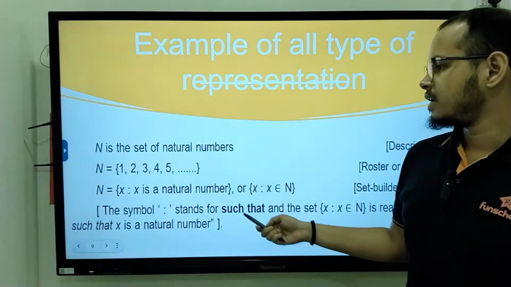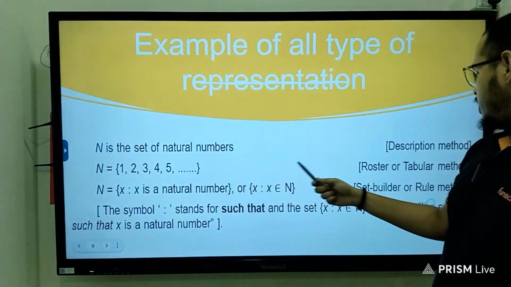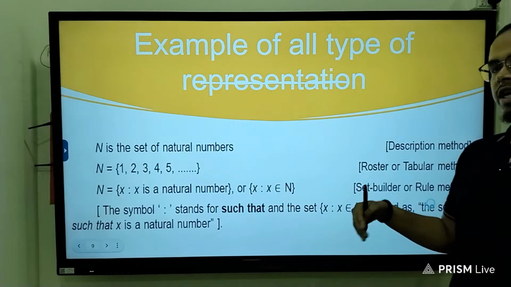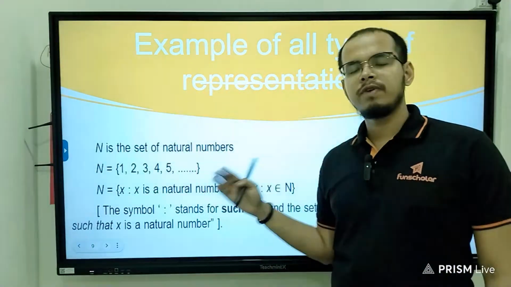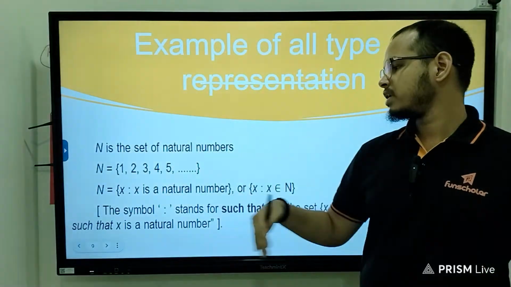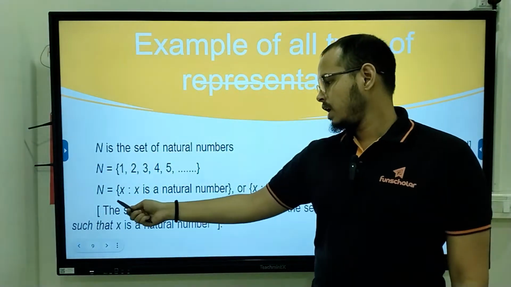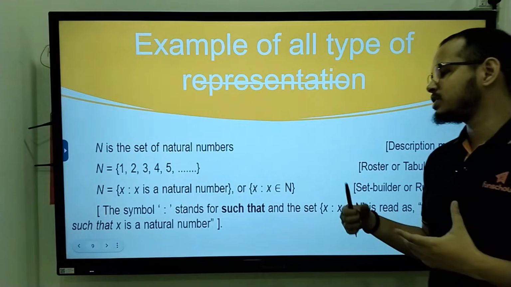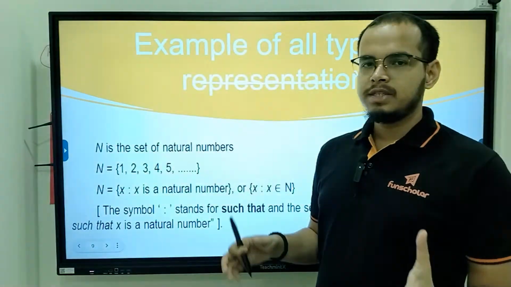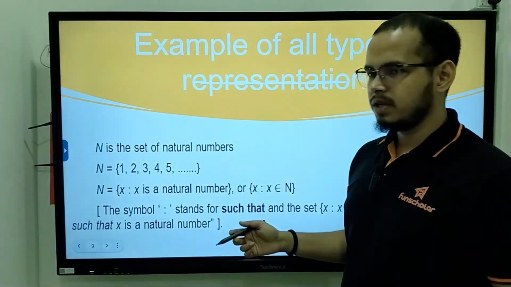Second is the roster or tabular method, where we are signifying the terms that are present inside: 1, 2, 3, 4, 5, 6, 7, until positive infinity. Third one is the set builder or rule method. According to me this is sometimes the most difficult to write, but we have to learn something new in everything.